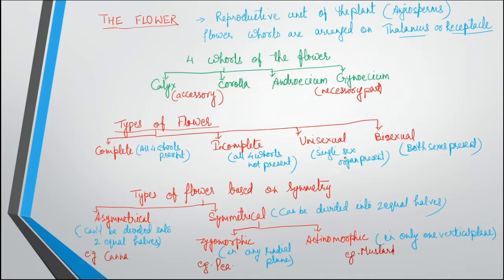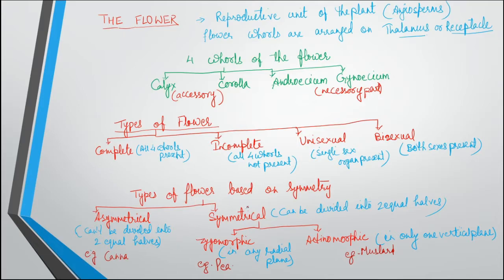Unisexual flower means a single sex organ is present, whether androecium or gynoecium, either a male flower or a female flower. And bisexual flower means both androecium and gynoecium are present in the same flower. So if a unisexual flower is there, then it will obviously be incomplete. In some plants, in place of calyx and corolla, they are replaced by other leafy structures known as perianth. So there are different types of flowers.